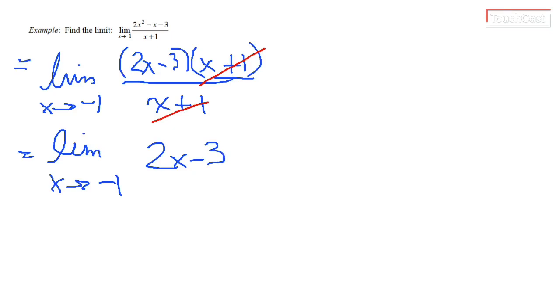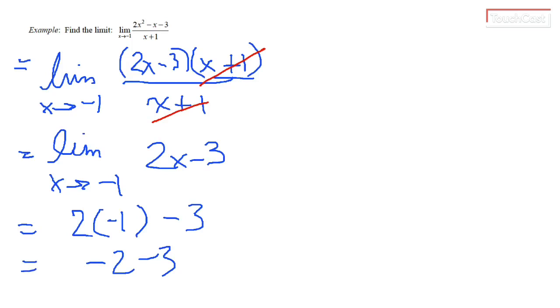So I can now try again to use substitution. That's going to equal 2 times x when x is -1, minus 3, which makes -2 minus 3. Final answer, -5. Notice I was not able to take the limit notation off until I was using substitution in a case where substitution was not going to lead to an undefined expression.